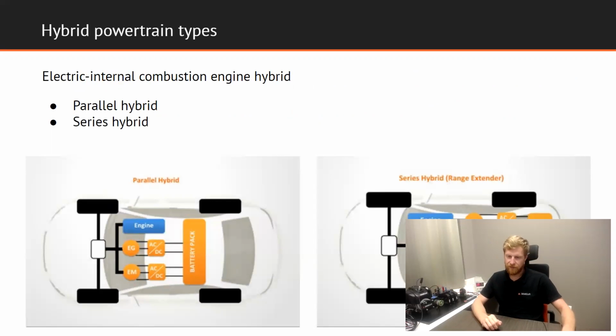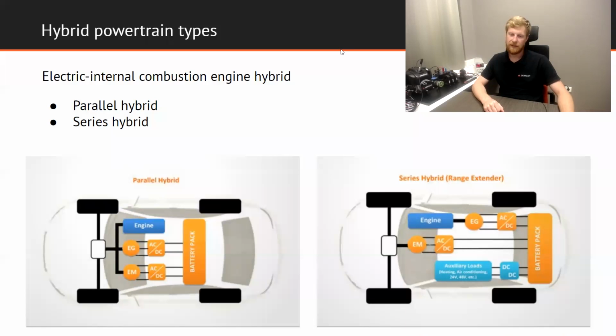So we have different powertrain types, the most common being an internal combustion engine with an electric motor, and they can be coupled in parallel or in series. If they are in parallel, it means that the combustion engine and the electric motor can both drive the vehicle at once.